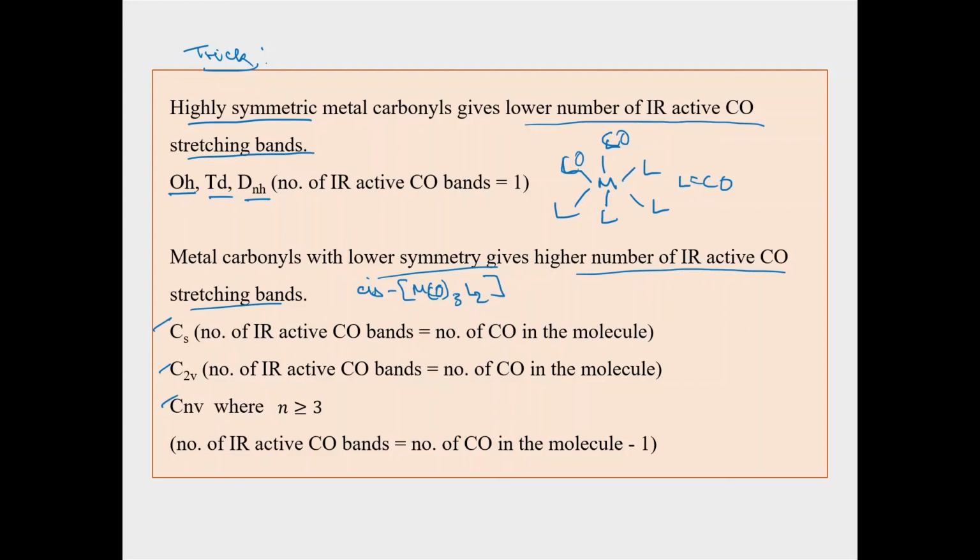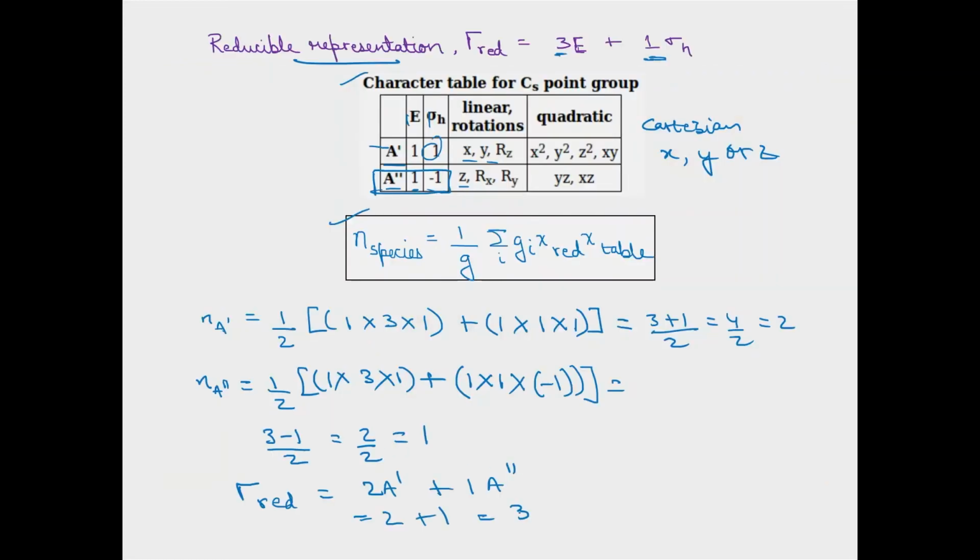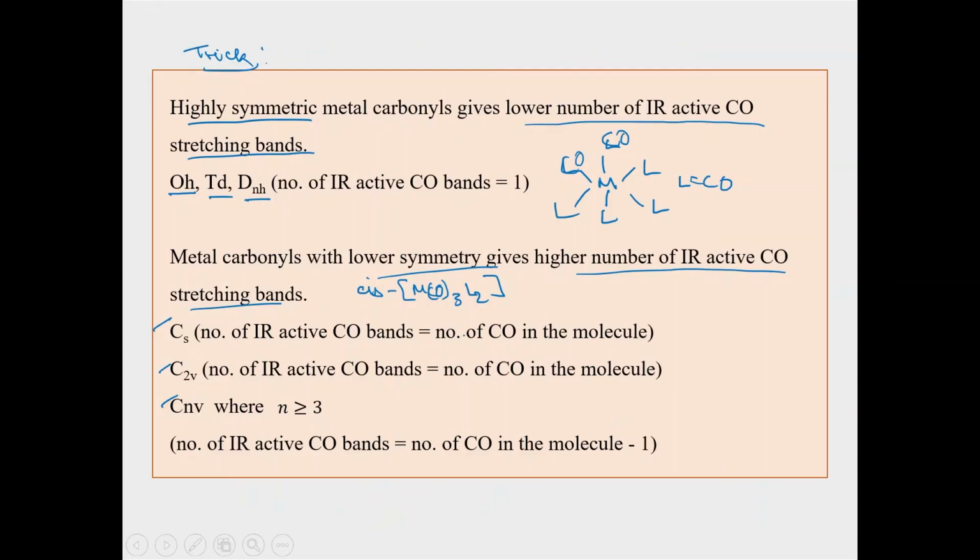There were 3 CO in the molecule, and we also found that 3 IR active CO bands are observed for this molecule. For C2v also, the number of IR active CO bands is equal to the number of carbonyls in the molecule. And for Cnv, where n is greater than or equal to 3, the number of IR active CO bands is equal to the number of carbonyls in the molecule minus 1.